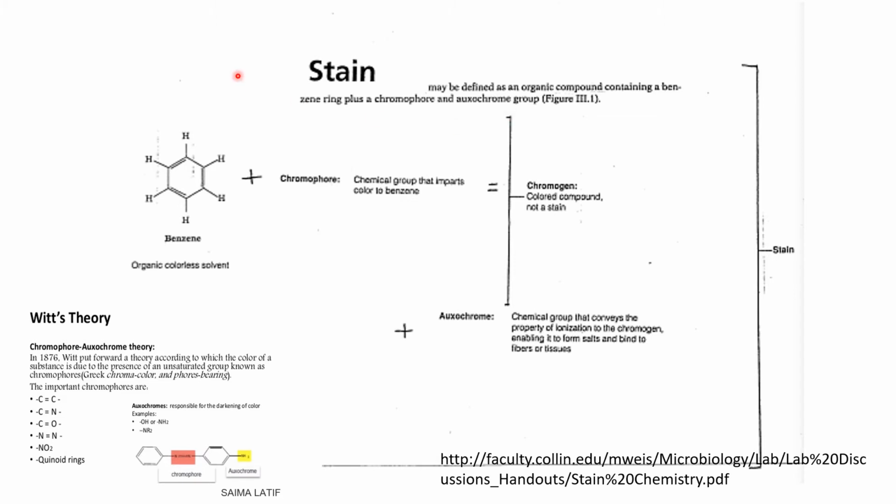So what is a chromophore and what is an oxochrome group? So again, we have here, of course, benzene. This is an organic colorless solvent. And if we add a chromophore to our benzene structure, that's the time we have a colored compound.